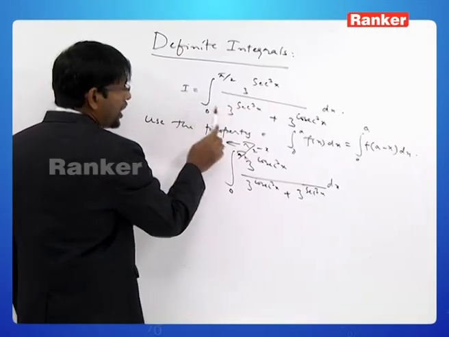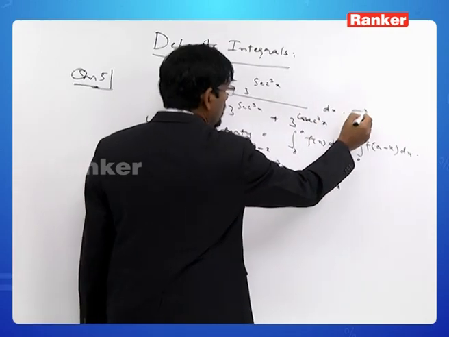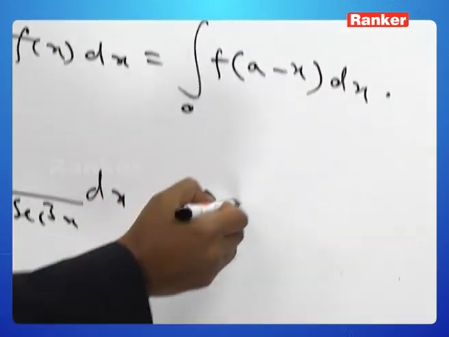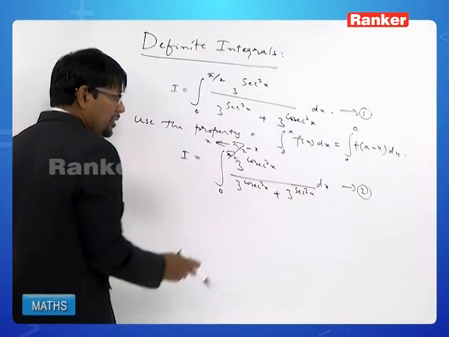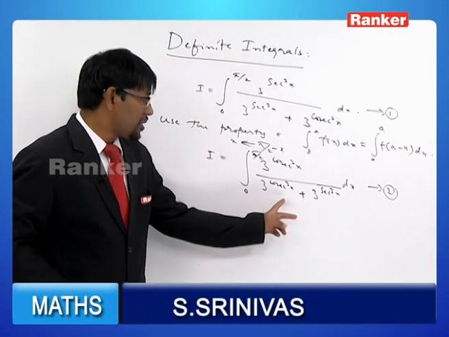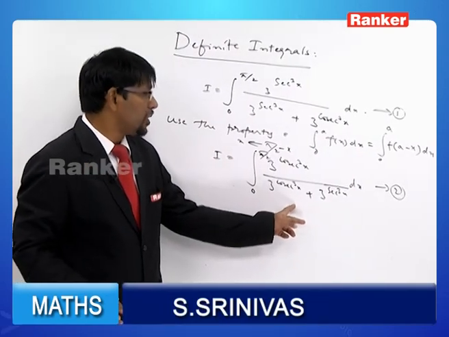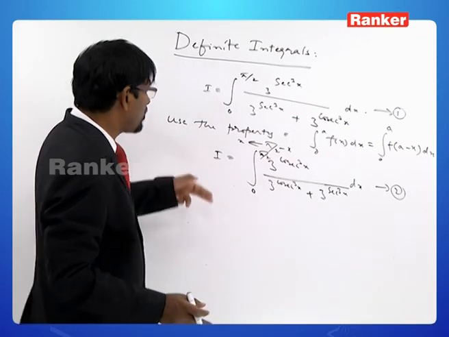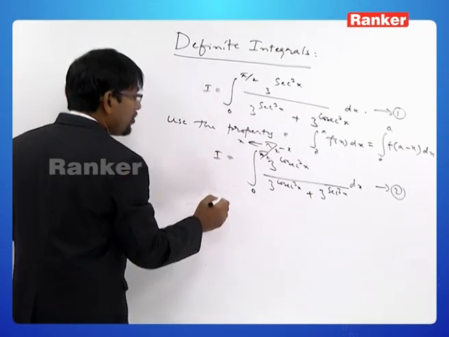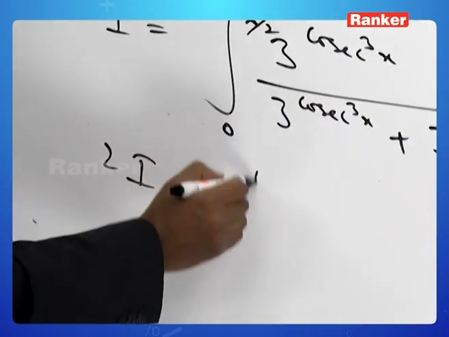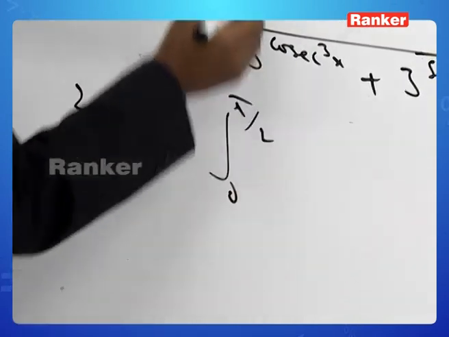Now observe that this first equation and the second equation had on the right hand sides in the denominator the same expression in the integrand. So we could add up these two integrals and the limits are also the same. So 2I will be equal to integral 0 to pi by 2. We shall add them.